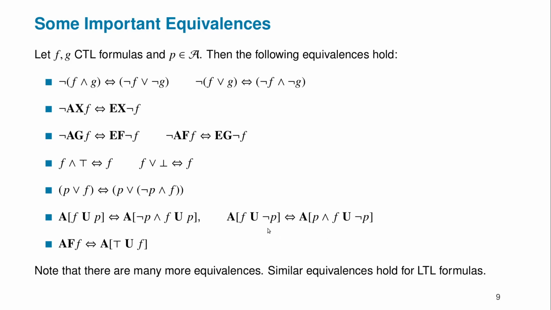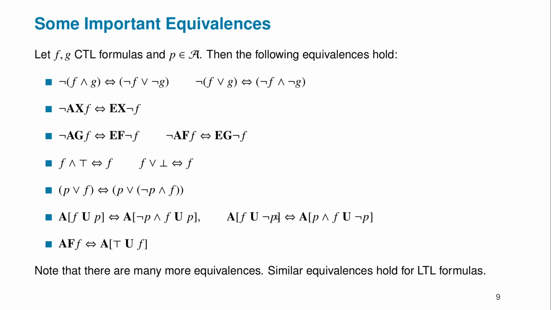And we can also formulate this equivalence with a not P on the right hand side of the until operator. So in principle we need to have a literal here.